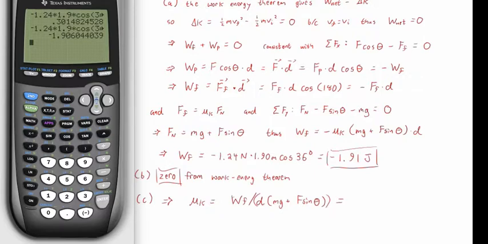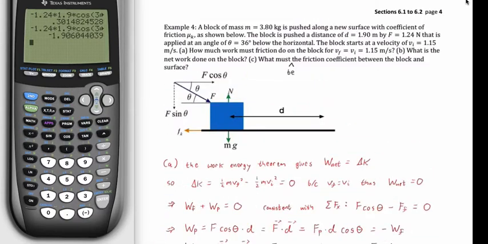But regardless of the negative, we'll take the absolute value of the expression to find the friction coefficient, which is not going to be a negative value. So if we plug that in, we're going to have our 1.91 joules in the numerator, then divided by our 1.9 meters, multiplied by the mass, which was 3.6, I believe, or 3.8.